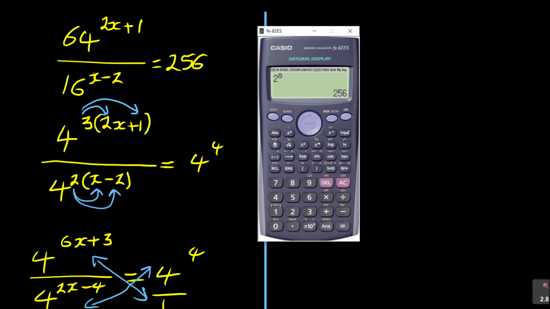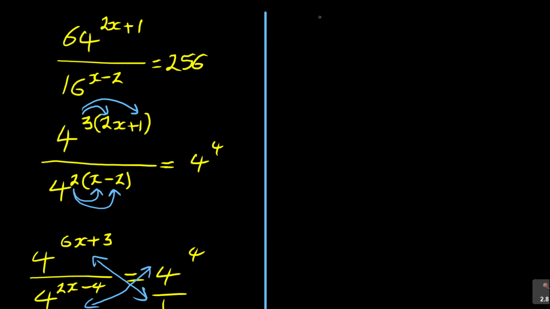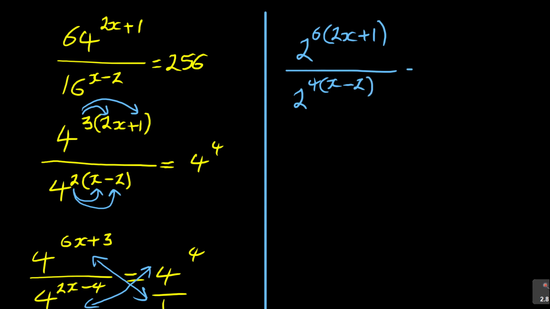You see, so it's 4, and then let me do it again, is 8, and then 2 to the exponent of 6 is 64. So you can write this actually like this, to say this was 2 to the exponent of 6, then bracket 2x plus 1, remember what I did previously, over 2 to the exponent of 4, and this x minus 2 is equal to 2 to the exponent of 8.